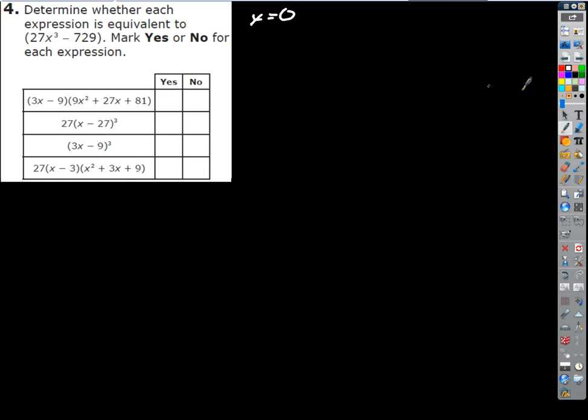If we plug in 0, what do we get from this one here? It would equal negative 729, because 27 times 0 cubed is just 0. So I get negative 729. Okay, what about these? If I plug in there, I'm going to get 0 minus 9 times 0 plus 0 plus 81, and sure enough, that's negative 729 when I multiply that out.